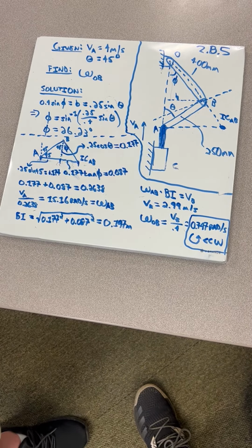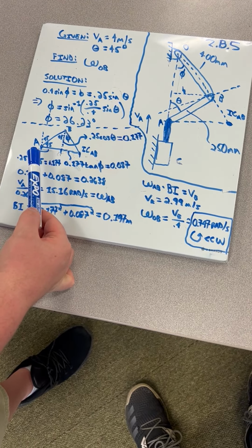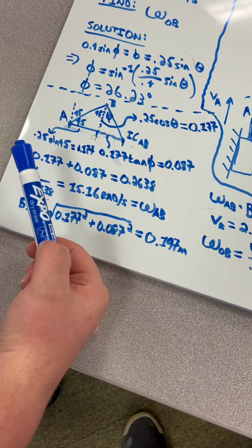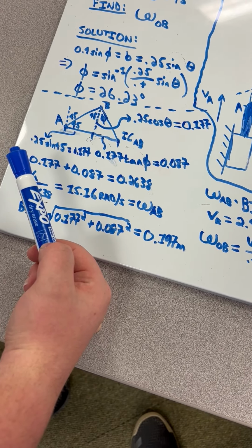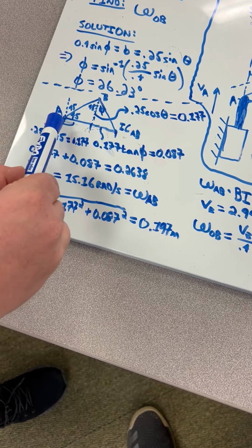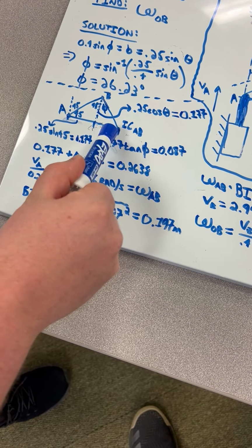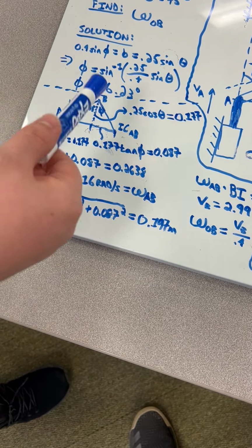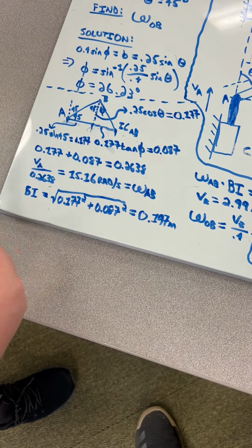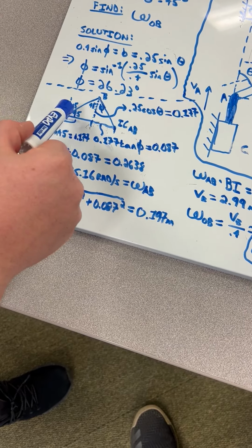From there, we go down to our diagram, and we see that in order to find the angular velocity of segment AB, we will have to take the velocity of A and divide it by the length between A and the instant center. We can find the length between A and the instant center by adding up these two side lengths of this triangle. We know that this is a 45-45 triangle.